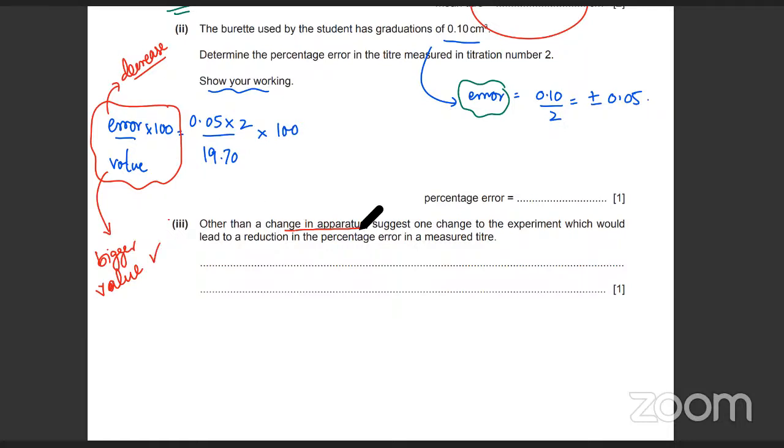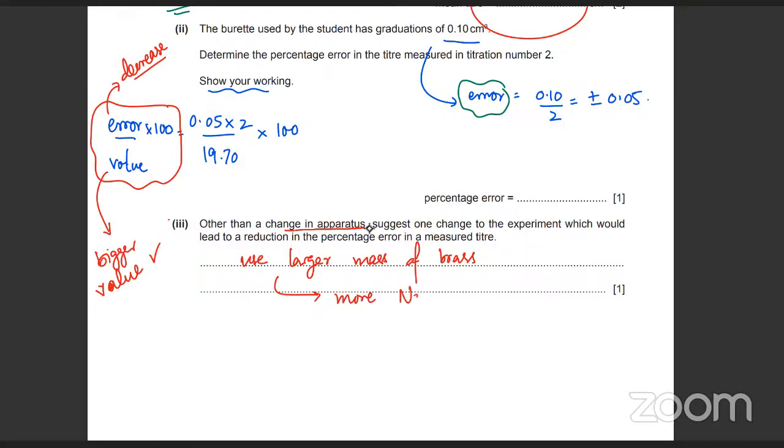So how can you do that? One way is to use a larger mass of brass. What would that do? That would increase your burette values.